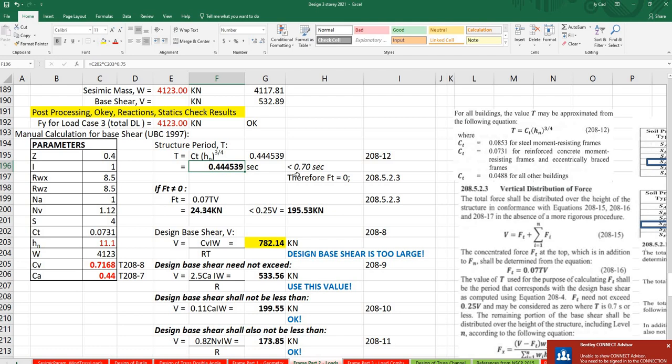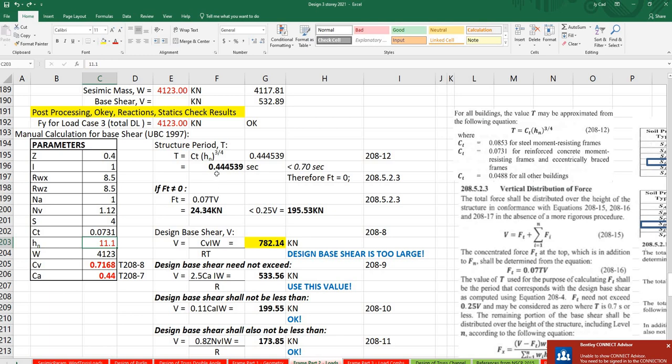Kapag 0.7 na siya or greater than, ang FT mo would be equal to 0. Okay? And then, that means you now have to compute 0.07 TV, which is equal to FT. Pero sa ating, in my experience, kadalasan ng buildings ko, ng projects ko, less than 0.70 seconds lang. Okay?